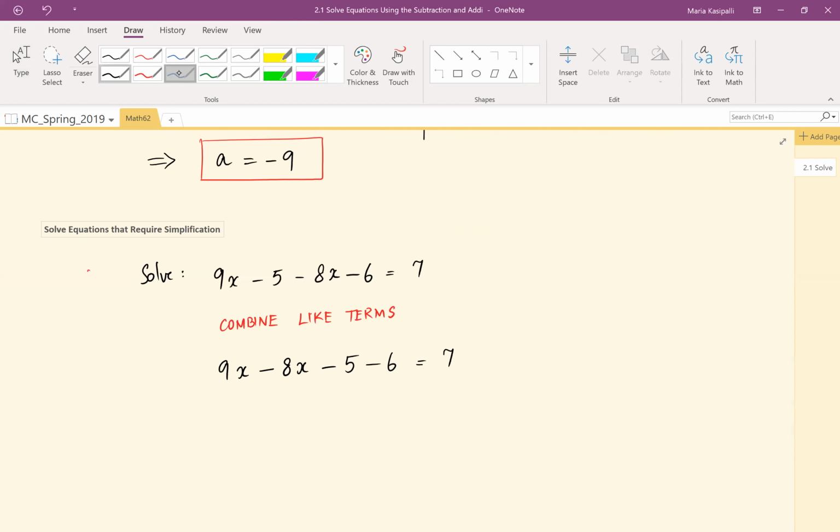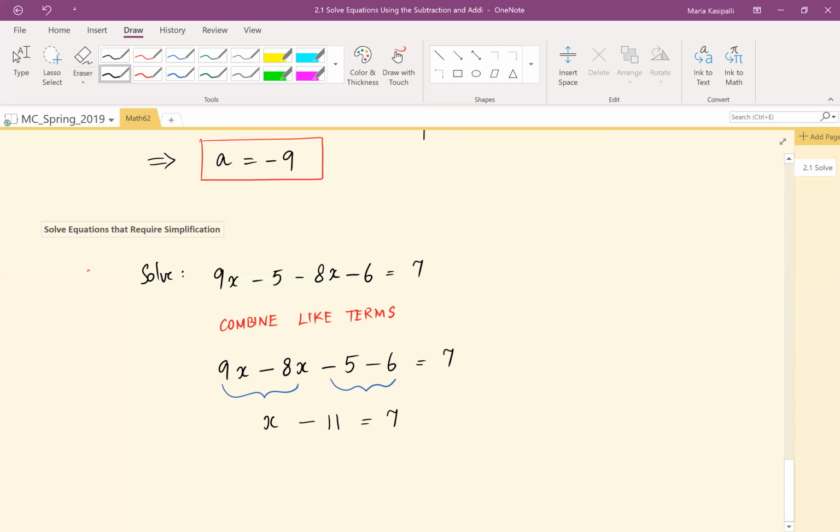I moved them around so that you could actually see how easy it is to keep the like terms close to each other so that we could combine them. So 9x minus 8x gives us 1x, which is basically your x. And -5, -6, both are plain numbers. You could combine them. We add the two numbers and take the common sign, which is -11 equals 7.